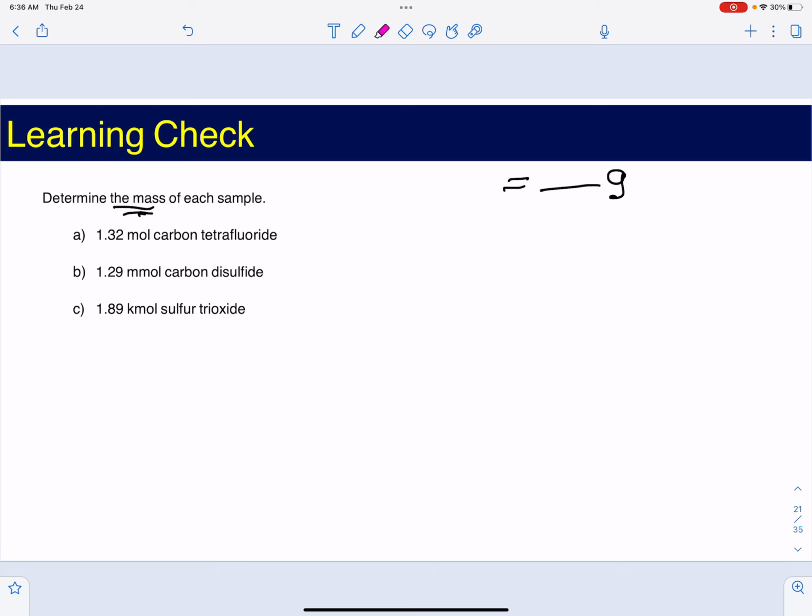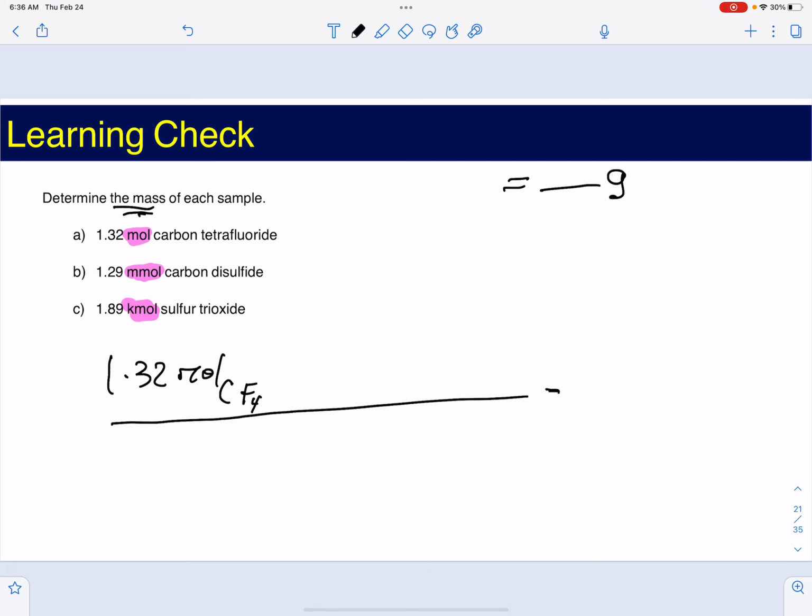We're given moles, millimoles, and kilomoles. So you're going to have to be careful with the units. So let's set up all these 3. Let's do the first one. Given 1.32 moles of carbon tetrafluoride, can you give me the grams?